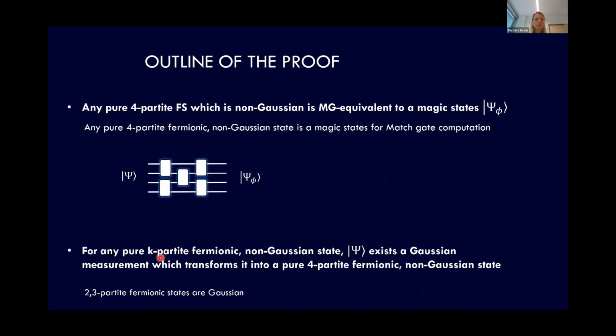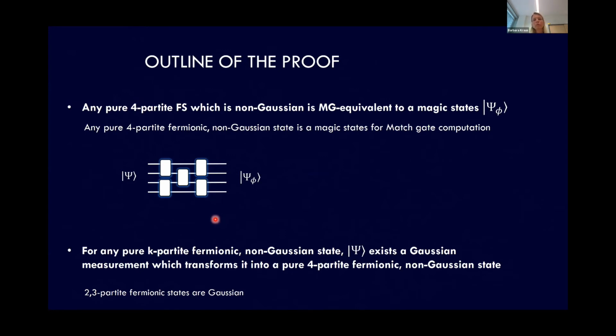Now, just as a remark, 2 and 3 partite fermionic states are always Gaussian, so they can never be a resource, because 2 and 3 partite fermionic states you can always generate with the free resource, with match gates. So they can never be a magic state. So the smallest number of parties that you need is 4. And for 4, you can show that they are all equivalent up to some match gates. So you can always map one into the other, if it's a fermionic non-Gaussian state.